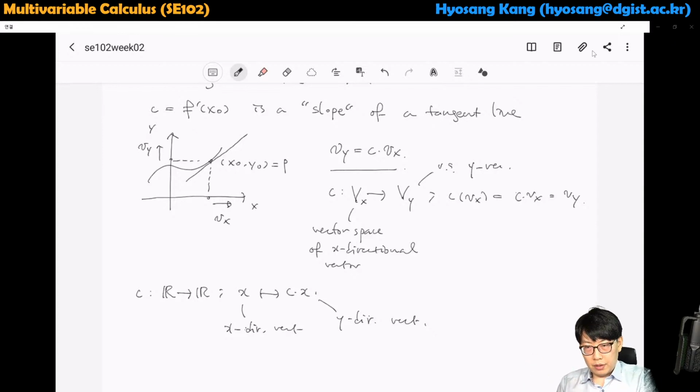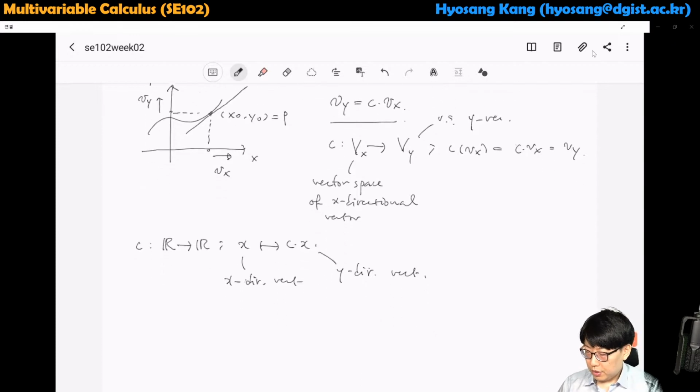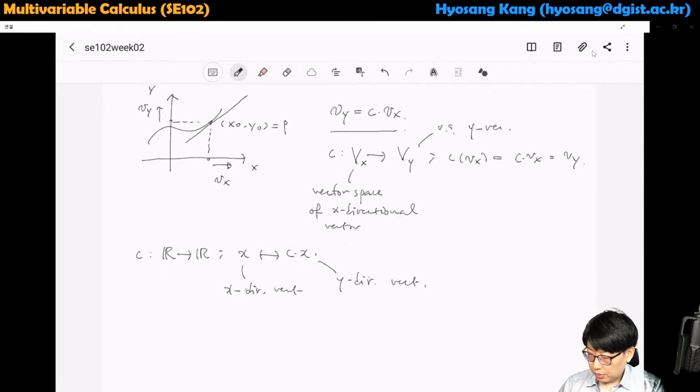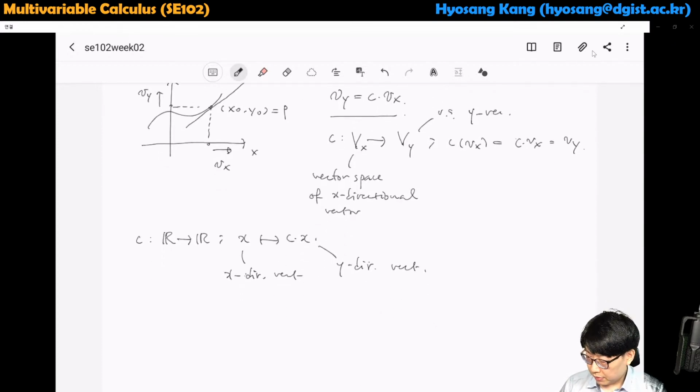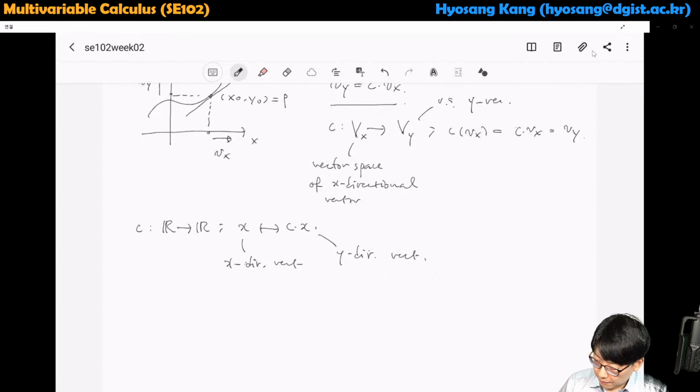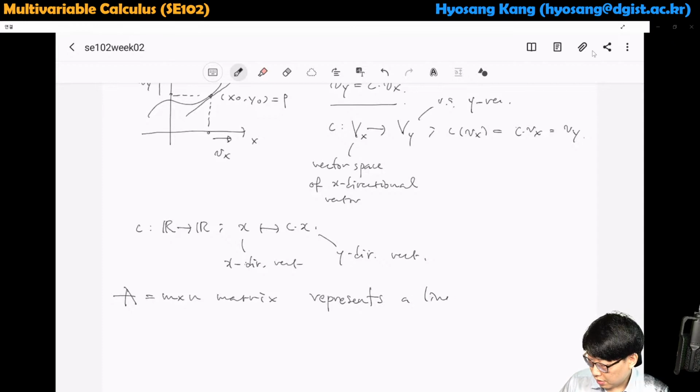Now you can generalize to the linear transformation matrix, which is the differential of a multivariable function. But before we talk about it in full generality, let's say we have an M by N matrix A. Then it represents a linear map from Rn to Rm.